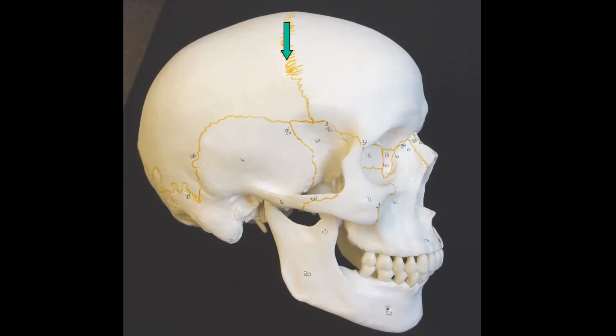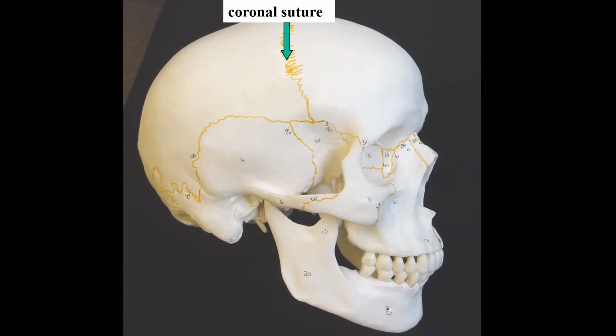Now, those membranes grew together, and as they grew together and finally calcified, they left a joint here. This joint is called an immobile joint, and the common name for one of these joints is a suture. This is known as the coronal suture. Remember, the coronal plane divides the body into anterior and posterior.